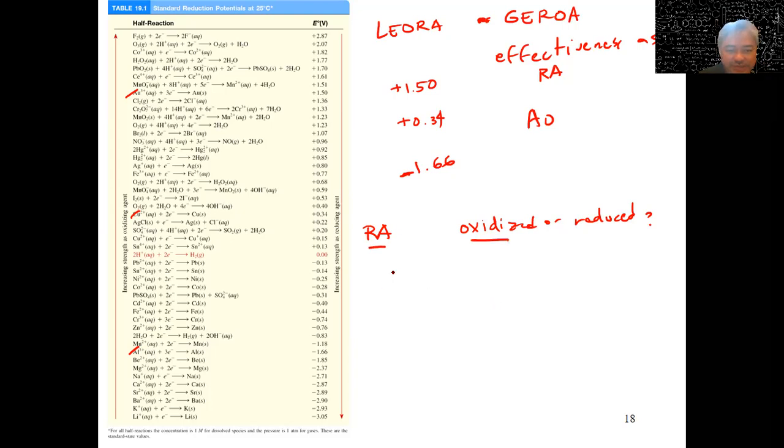So if that's the case, you can have it like this, right? Do you follow what I mean? So kapag nag-serve sila as reducing agent, ibig sabihin mag-o-oxidize sila.